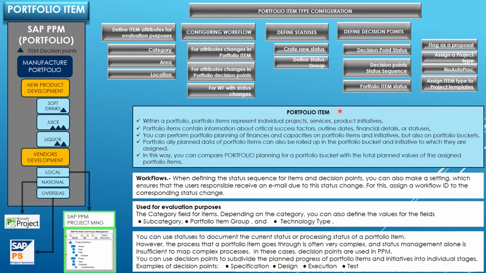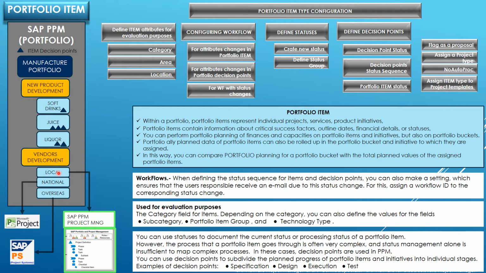After we have defined the portfolio item type, we can create an item and assign it the item type already created. As you can see on the left-hand side, we have the same portfolio that we have presented in our previous slides. Here, you can see the 3 main elements: portfolio, dark blue shade; buckets, orange shade; and items, light blue shade.